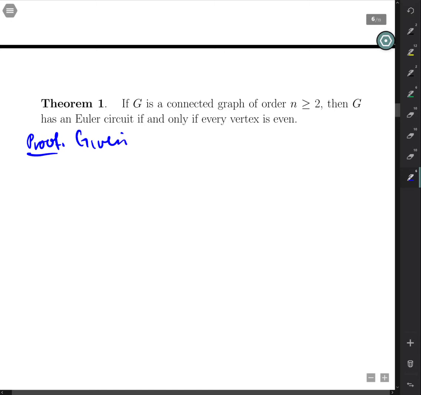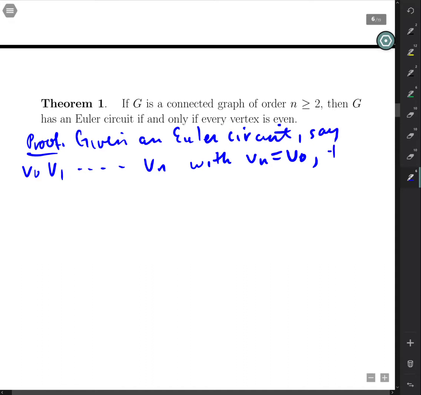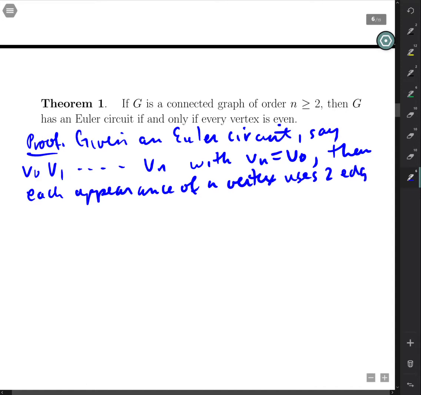Given an Euler circuit, say V0, V1, out to some Vn with Vn equal to V0, then each appearance of a vertex uses two edges incident on the vertex.